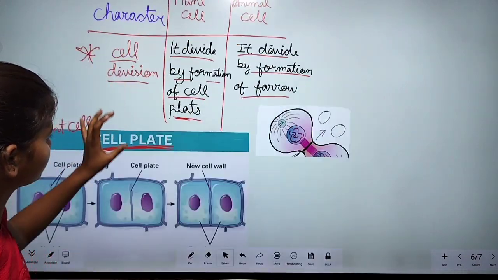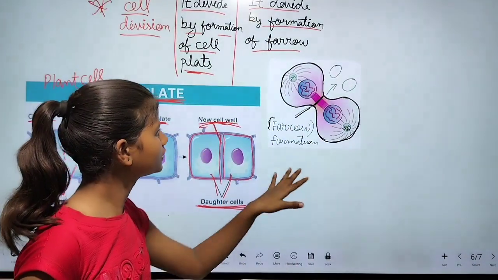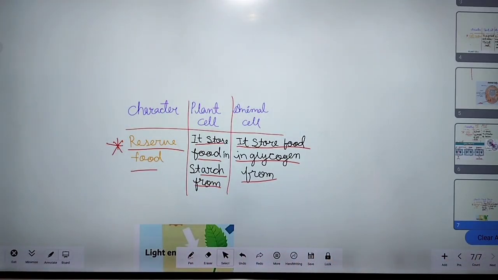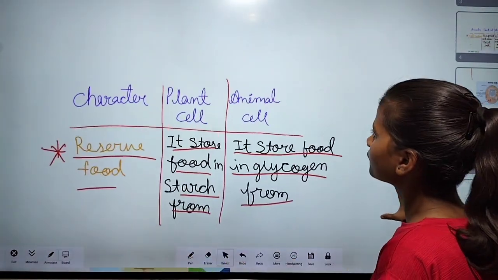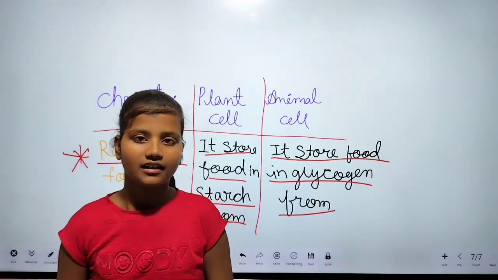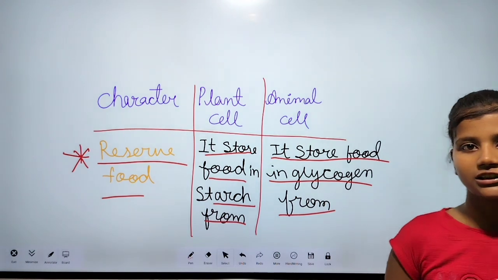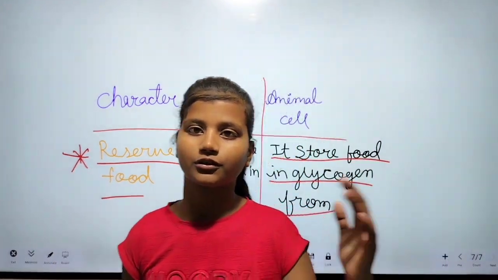Here you can see this is cell plate formation and this one is furrow formation. And the last one is reserve food. Plant cell stores food in the form of starch, and animal cell stores food in the form of glycogen.